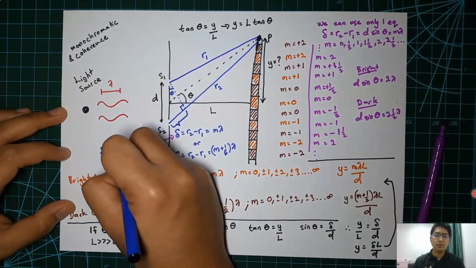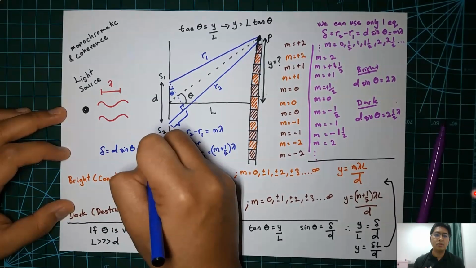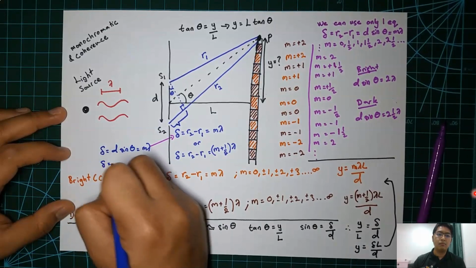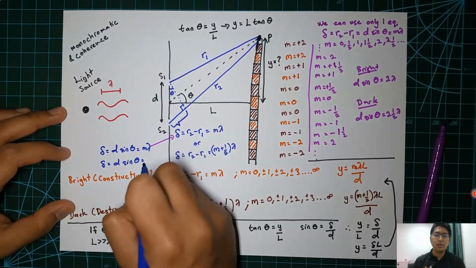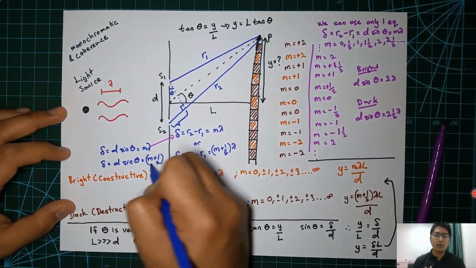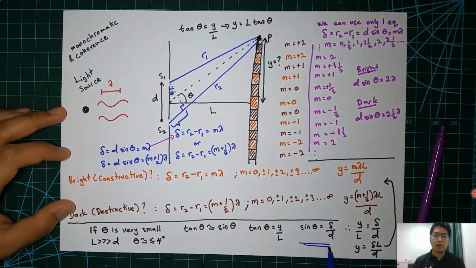And again, we review the path difference from the diagram: d sine theta equals m lambda for the bright fringe, and d sine theta equals m plus half times lambda for the dark fringe.